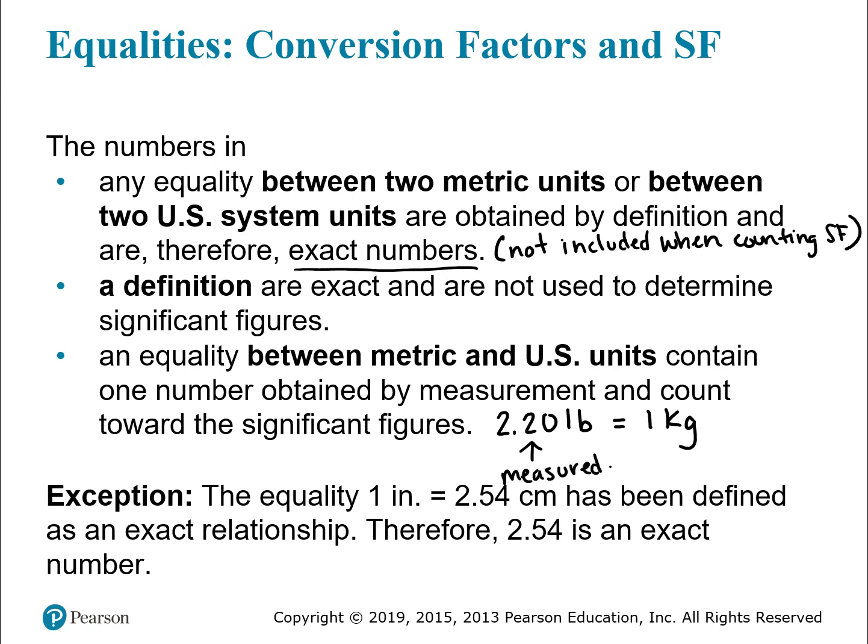The 2.20 pounds is measured. So therefore, you would use it to determine significant figures. One exception is that 1 inch has been defined as 2.54 centimeters. It's an exact relationship, so you treat both the 1 and the 2.54 as exact numbers.